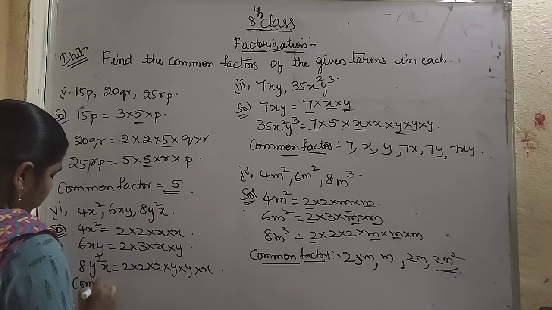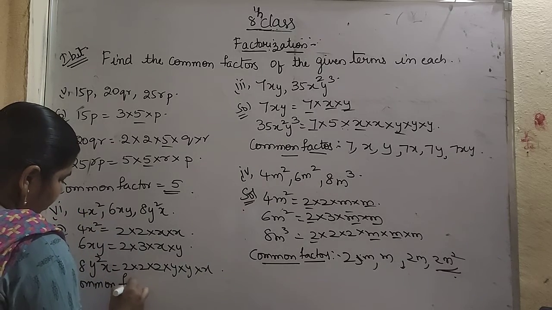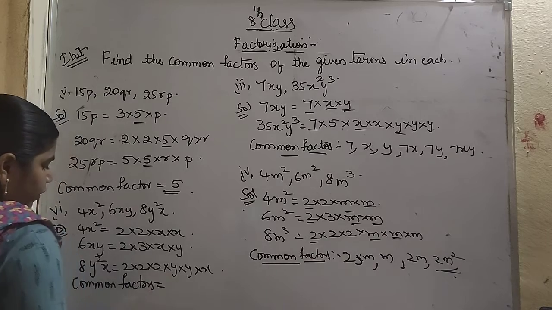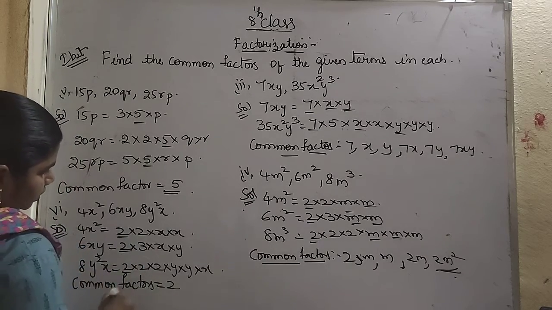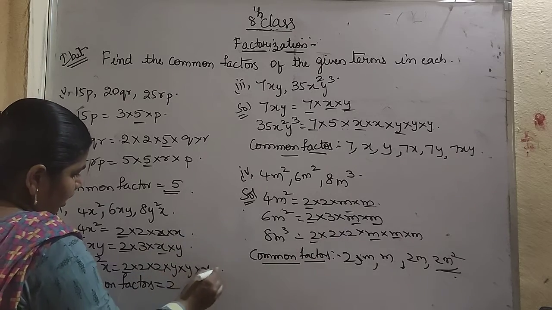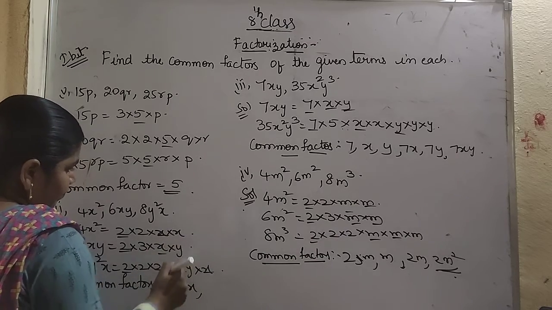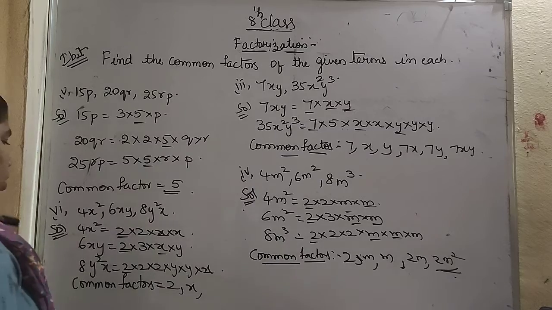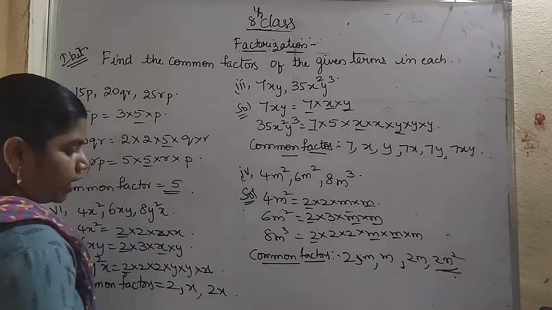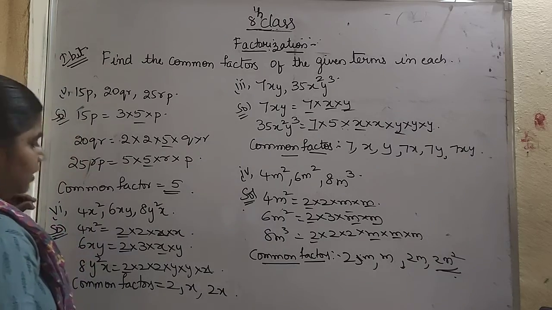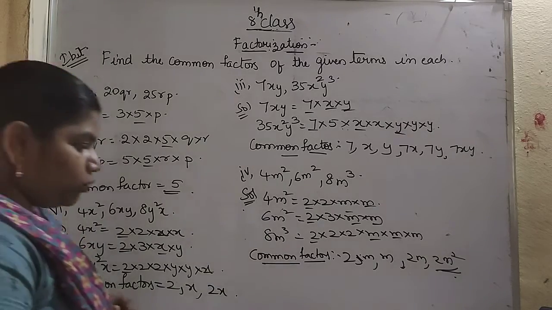Now we have to take out the common factors from this. The common factors are 2 and next is x. So the common factor for the sixth one is 2x.